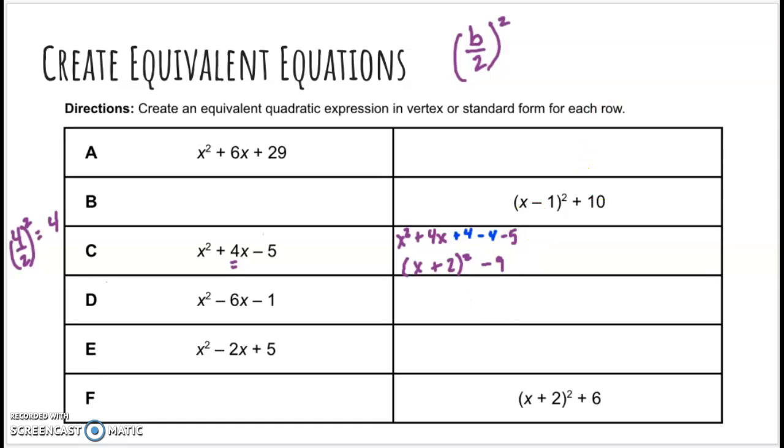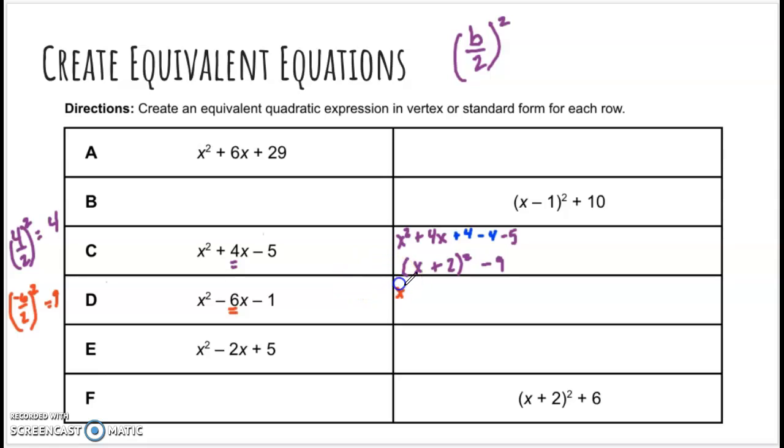I could go ahead and do the same thing. Let's try red: x squared minus 6x minus 1. I take that negative 6, divide by 2, and square it. Negative 6 divided by 2 is negative 3, and when I square that, I get 9.